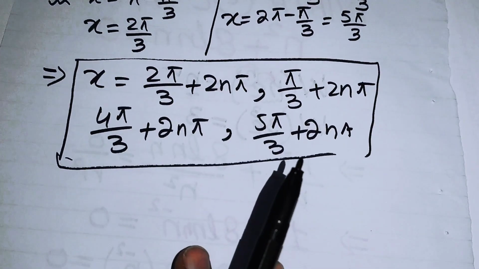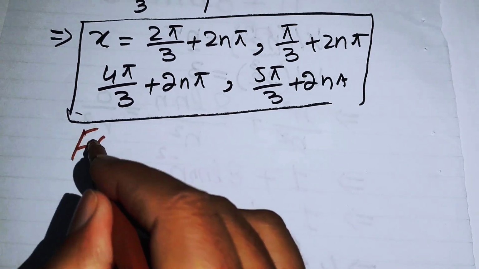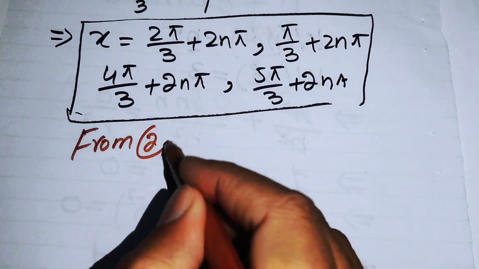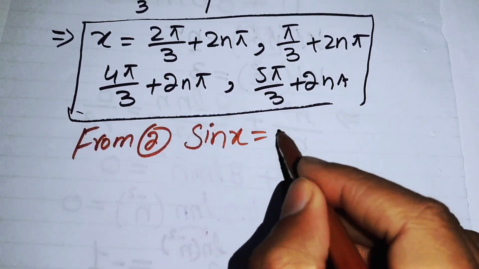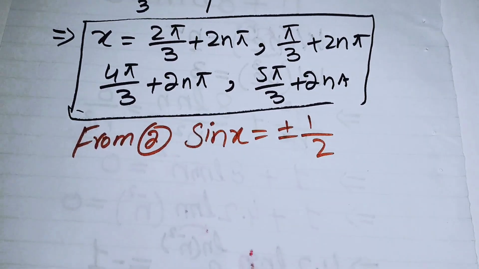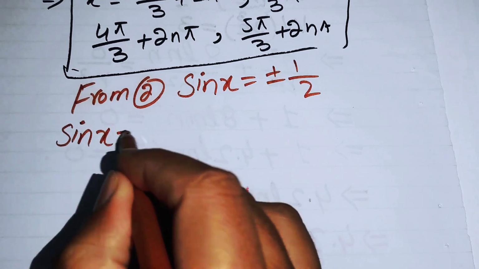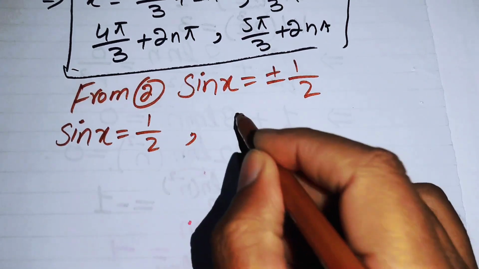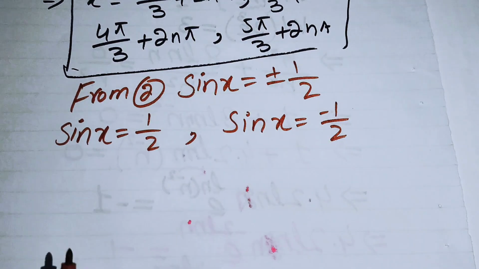So in this case we write from equation number 2, which is sine of x equals to plus minus 1 over 2, and now we can break this equation into two parts, and you get sine x equals to 1 over 2 and sine x equals to minus 1 over 2.